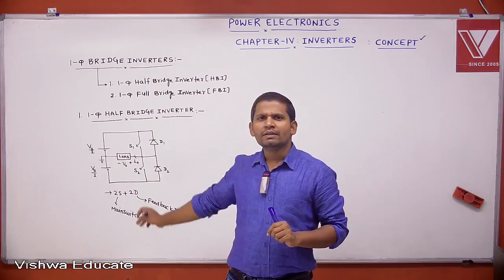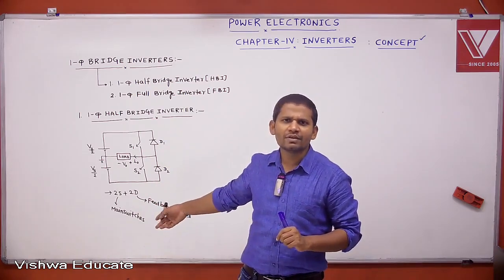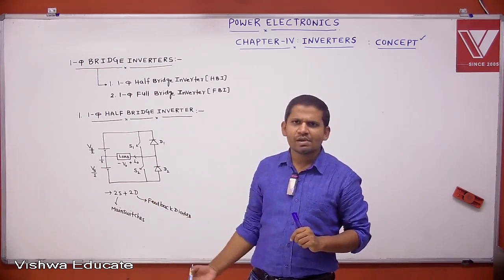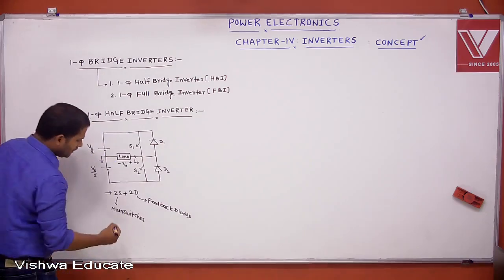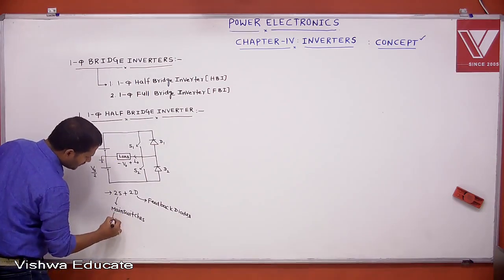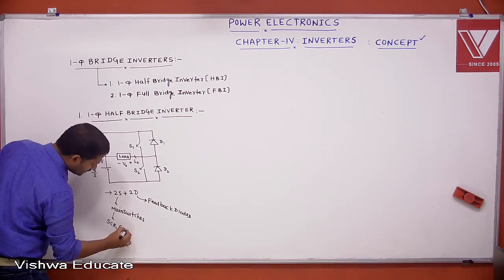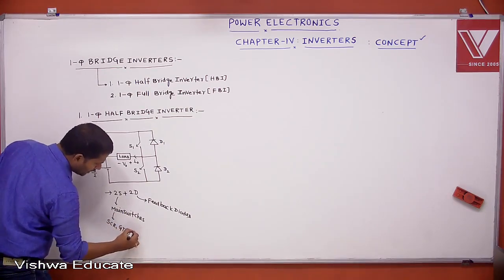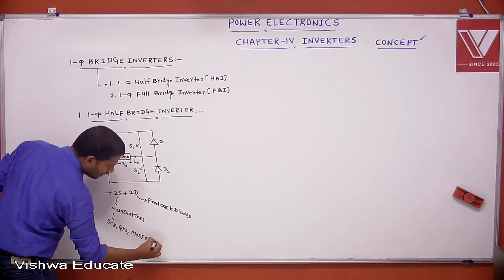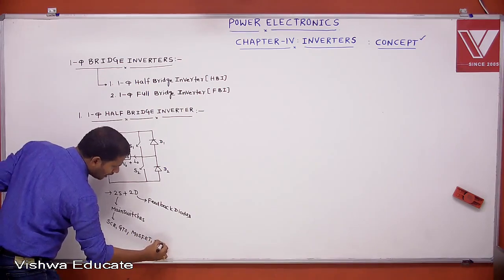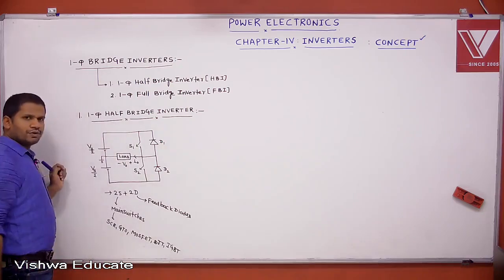Those devices are used as switches. These switches we can select based on the application. That means these main switches may be SCR, or GTO, or MOSFET, or BJT, or IGBT.